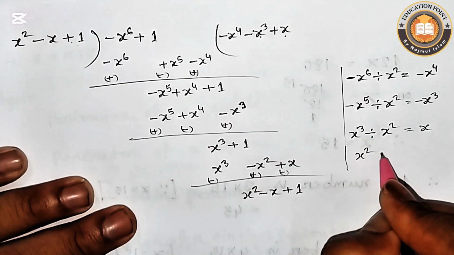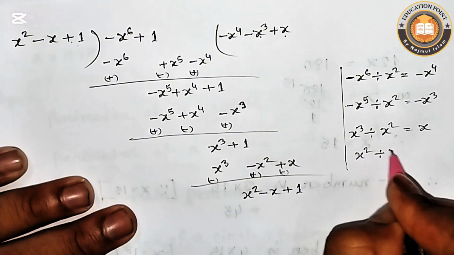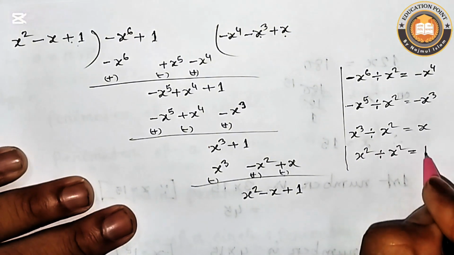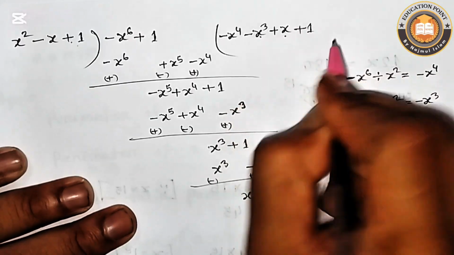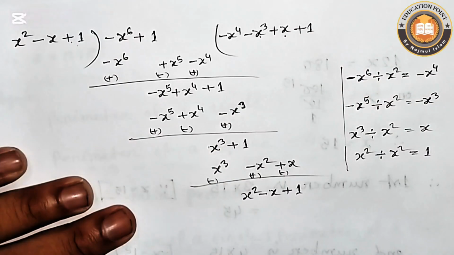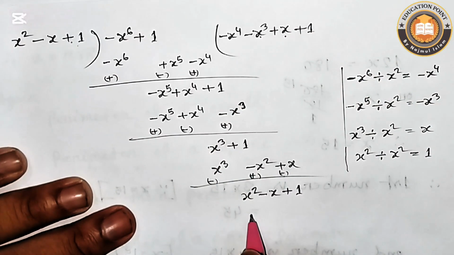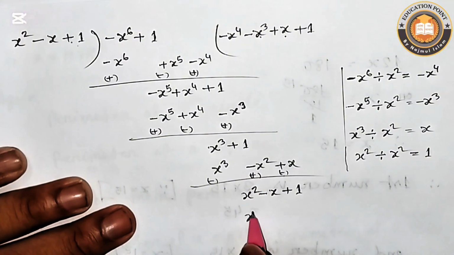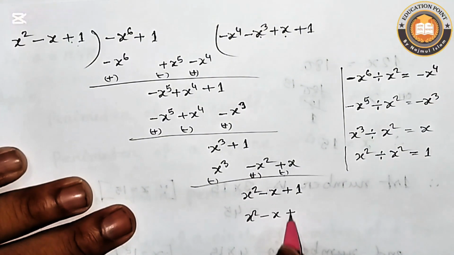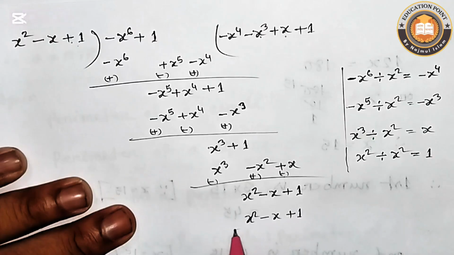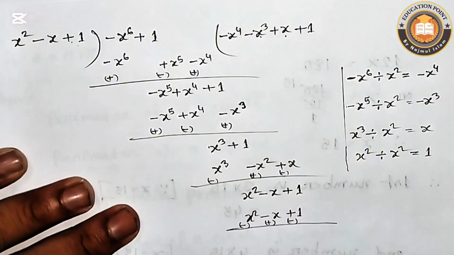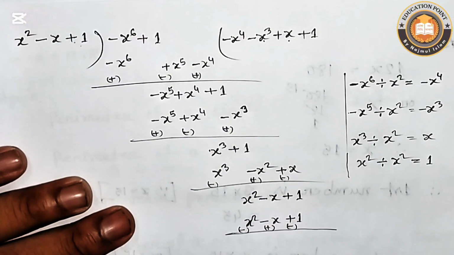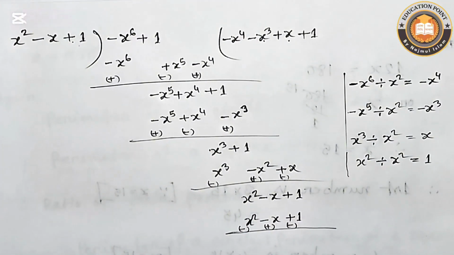Now x square divided by x square equals 1. So plus 1 multiplied with x square minus x plus 1. So the multiplying value is x square minus x plus 1. According to the division law, symbols will be changed. Plus x square minus x square equals 0. Minus x plus x equals 0.